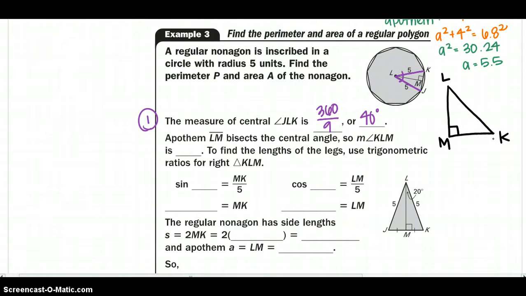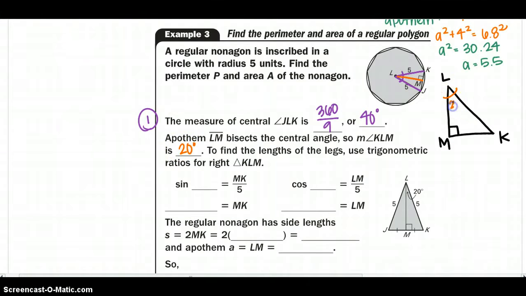And we know that the apothem, LM, bisects the central angle. I have created that KLM on the outside, so half of our central angle would be 20 degrees.